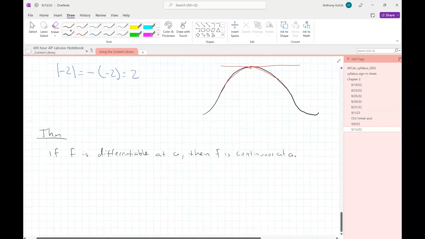So, if f is differentiable at a, then f is continuous at a. Okay, differentiability implies continuity. You have to have it. Everybody's okay with that? Okay. Is the converse true?